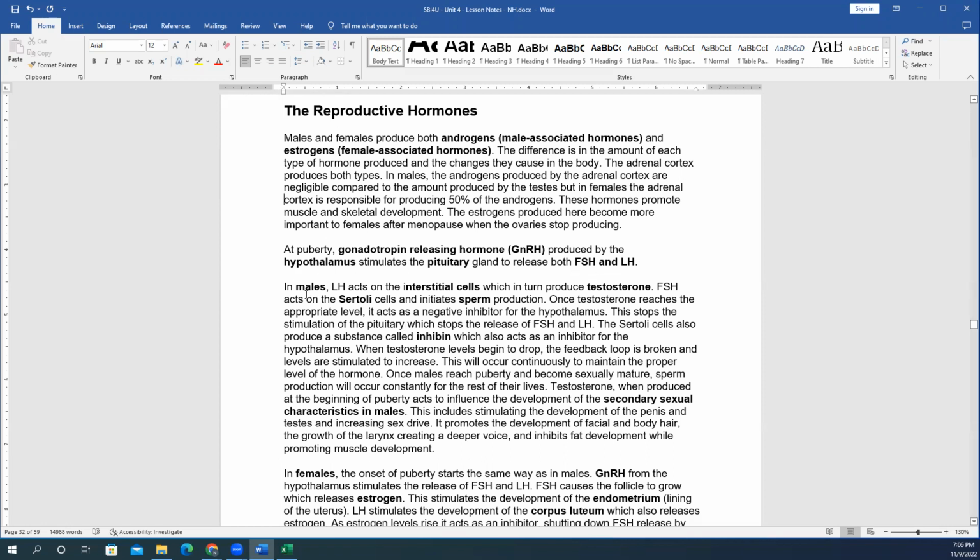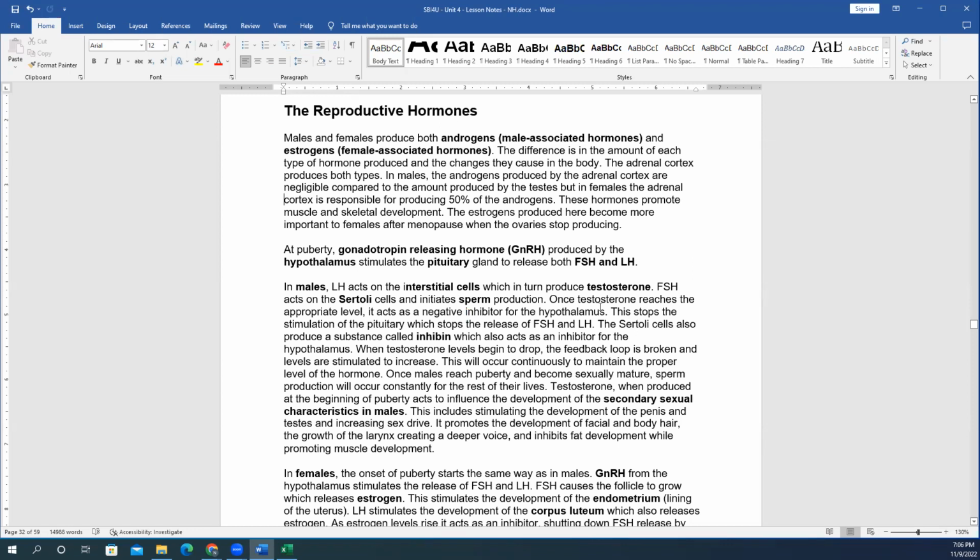In the pubescent male, the luteinizing hormone acts on the interstitial cells, which produce testosterone. The follicle-stimulating hormone acts on Sertoli cells that are responsible for sperm production.